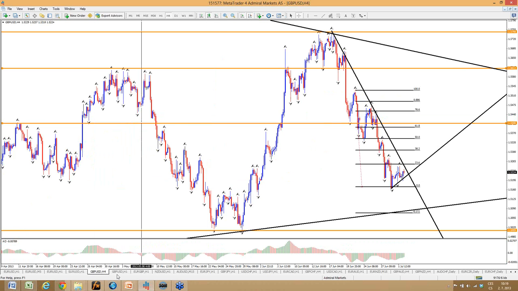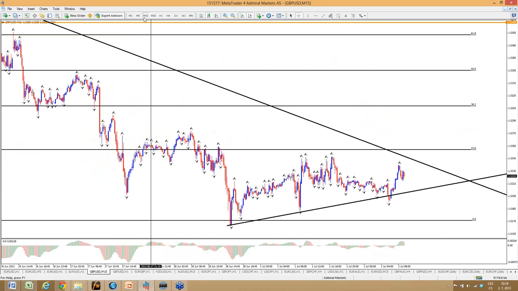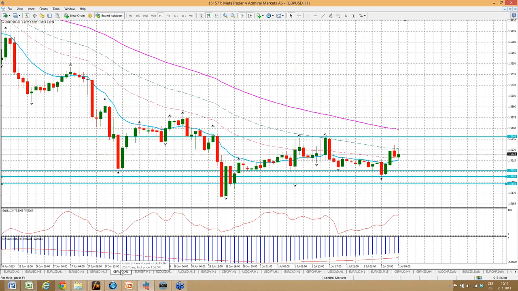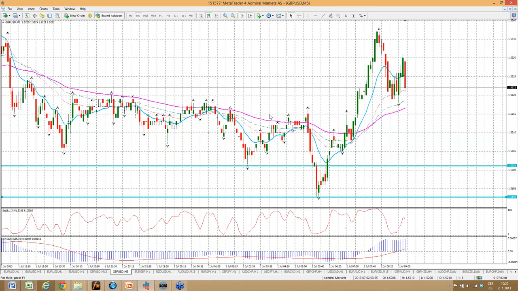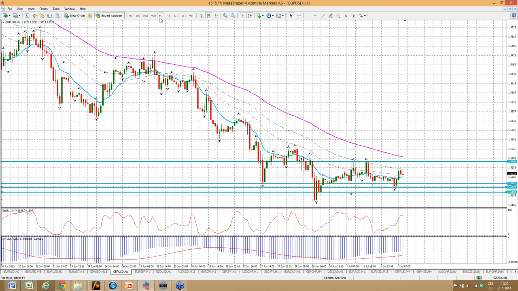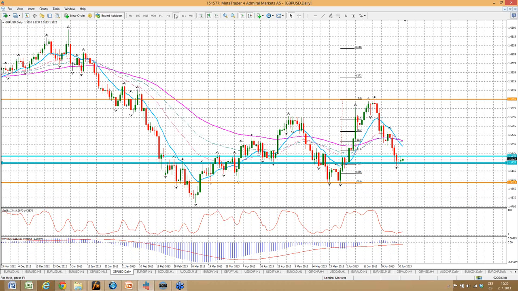How's the pound doing? Also pretty bearish price action signal on the 1 hour chart actually. I don't know what this line is. Let's take charts.